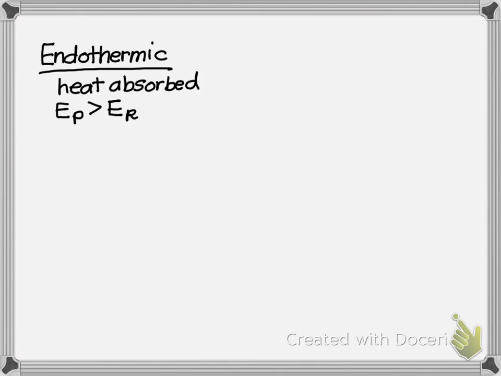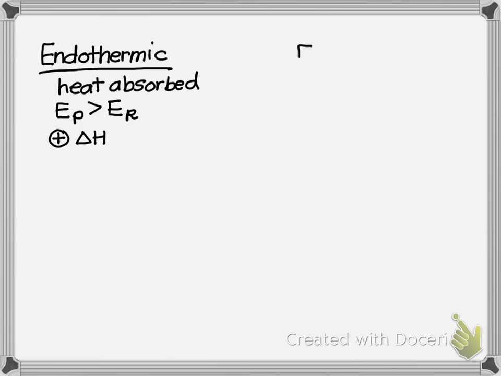We determined that then, if the products are greater than the reactants, we have a positive value. Instead of writing value, I'm just going to write a positive delta H. So the number would be positive, have a positive sign.